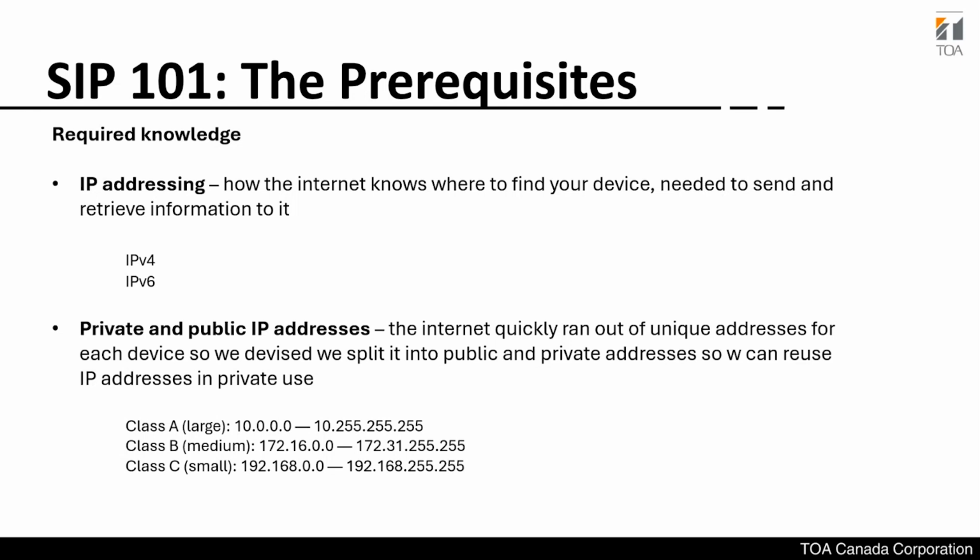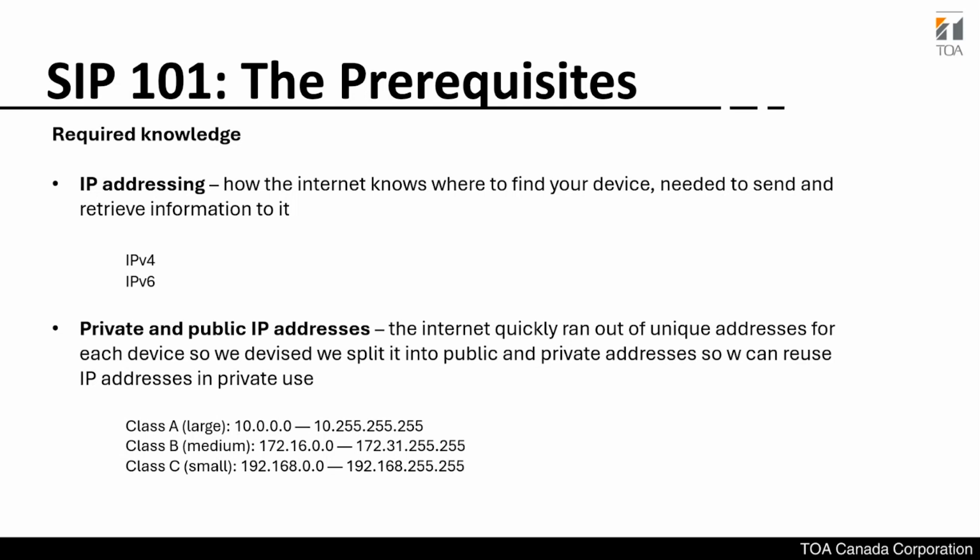Early on, engineers realized that 4 billion addresses would not be enough. So they decided to divide them into two big groups of IP addresses, private and public. Public addresses are visible on the internet, and private ones are used in local area networks.